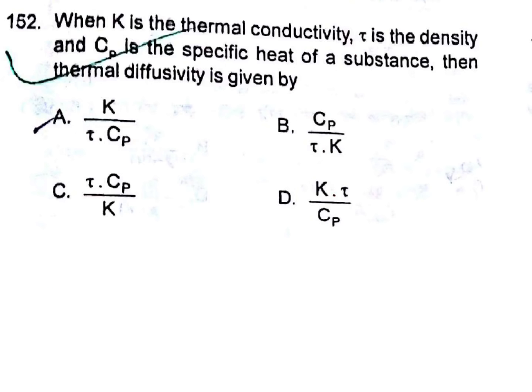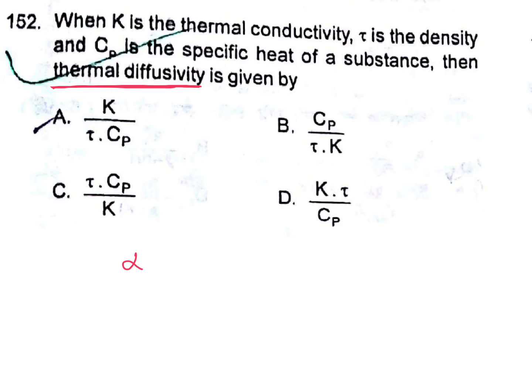When K is the thermal conductivity, tau is the density, and Cp is the specific heat of a substance, then thermal diffusivity is given by... This question was asked many times in a lot of examinations, RRB, Public Service Commission, PSU and IAS, ISRO also. So this is very important.